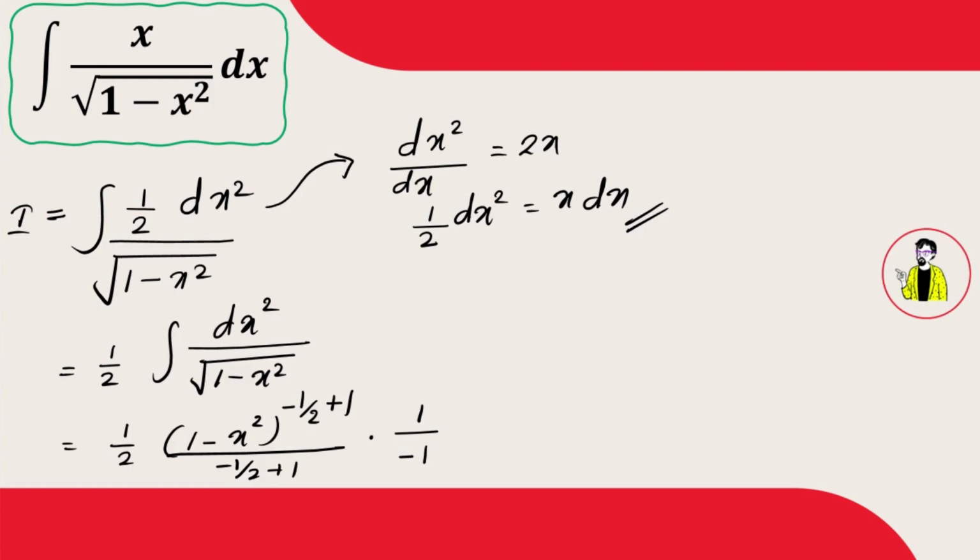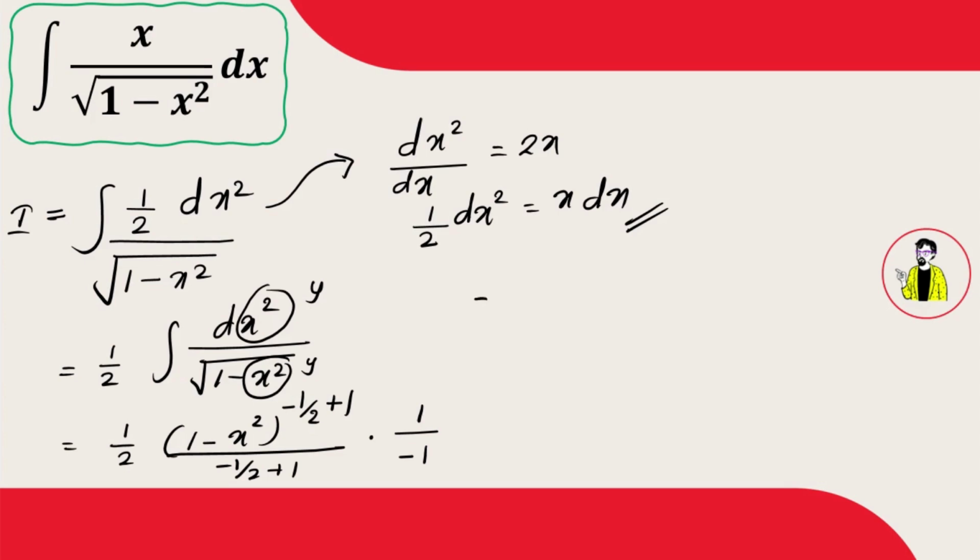Here this acts as, say, y. So this is like dy over square root 1 minus y. So we can directly apply the rule. That's why we are writing 1 minus x squared to the power minus half plus 1 over minus half plus 1.